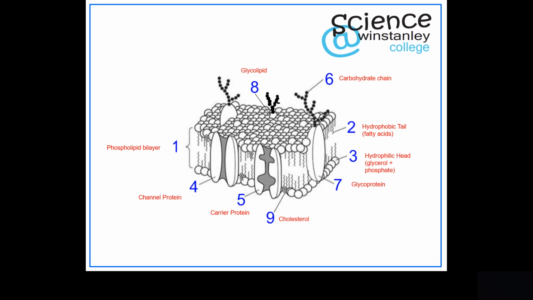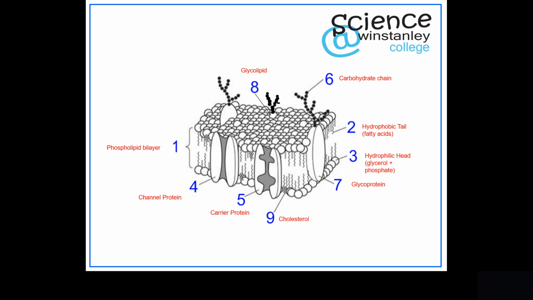What that's doing is creating a little waterproof barrier, or as we say in biology, it creates a barrier against polar molecules. Polar molecules are molecules that behave like water. So it's creating a barrier against those molecules. That's the job of the phospholipid bilayer.